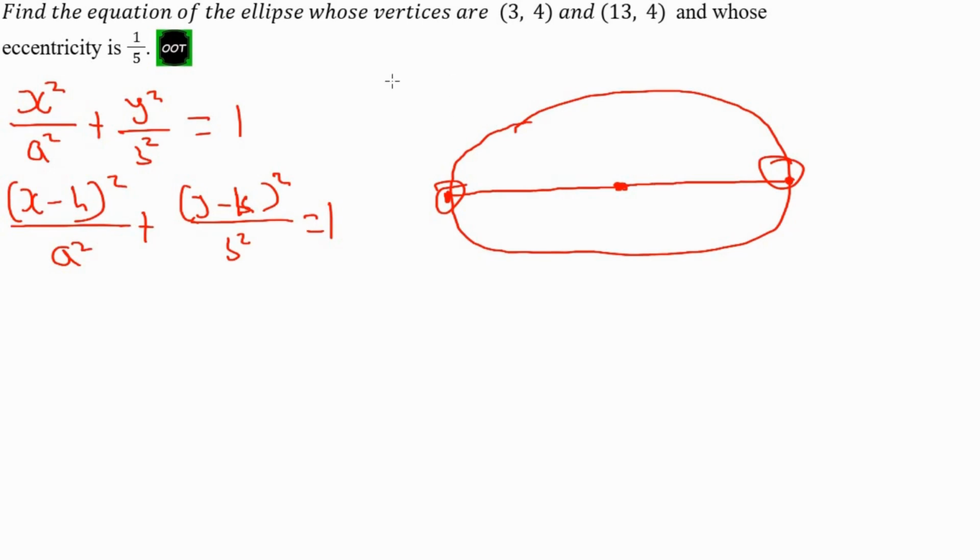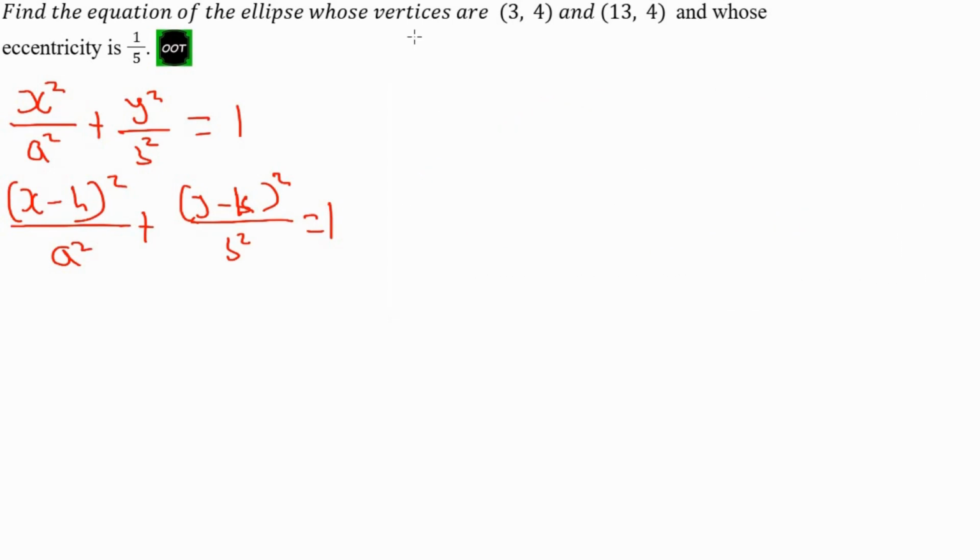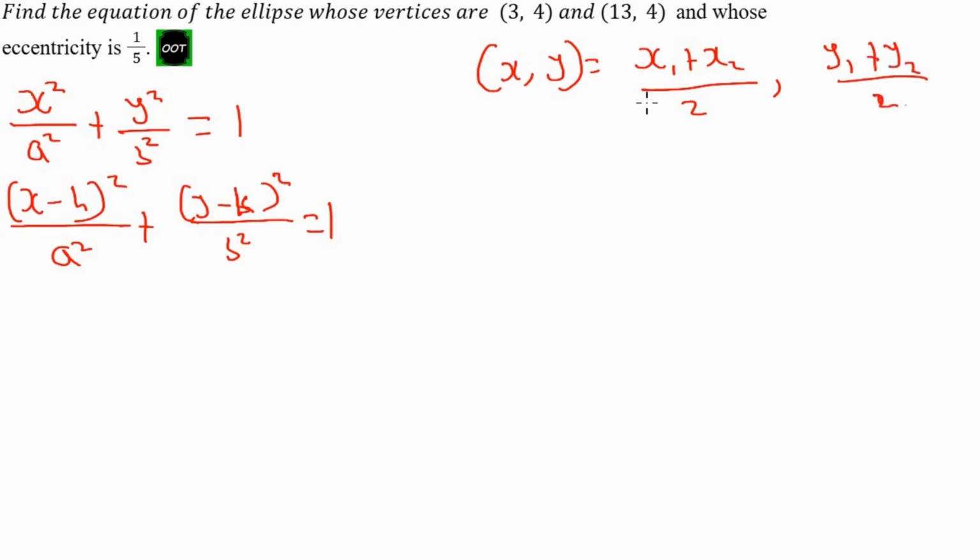So basically now, to get the coordinates of the midpoint, the formula is such that the midpoint (x, y) is equal to ((x1 plus x2) divided by 2, (y1 plus y2) divided by 2). So x1 is the first one, y1 is the second, x2 is the third, y2 is the fourth, to make sense. So x1 is 3, x2 is 13, y1 is 4, y2 is 4.